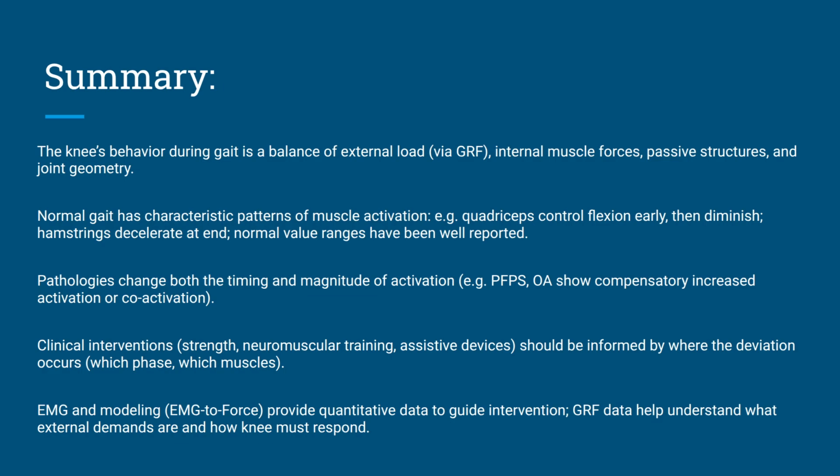Understanding the clinical interventions, when to use strength, neuromuscular training, assisted devices, especially during which phase and for which muscles. And then the use of EMG and modeling, providing quantitative data to guide intervention, ground reaction force data to help understand what external demands are and how the knee must respond.